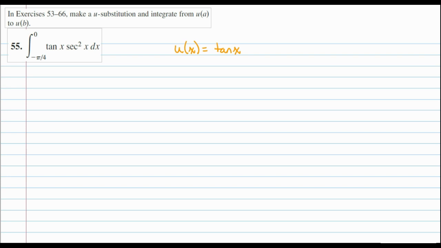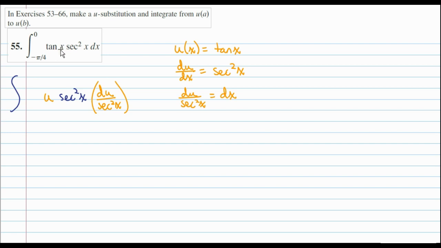So I'm going to make u of x our tangent x. The derivative du dx is secant squared of x, which means dx, what we have to sub in, will be du over secant squared of x. I substitute those in, and I get u, because that was tangent x, times secant squared, which stayed the same, and then dx is now du over secant squared of x.